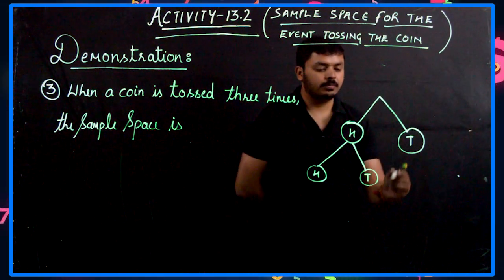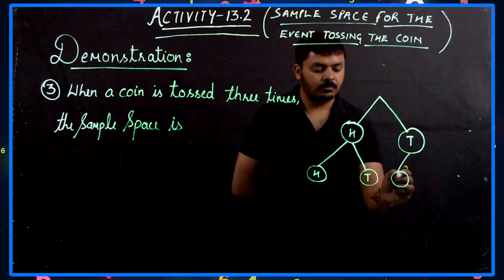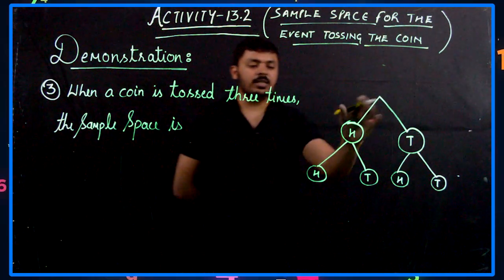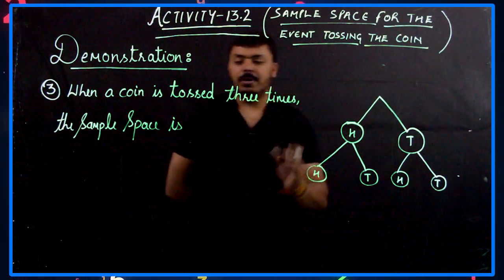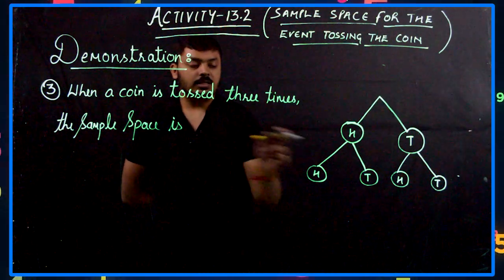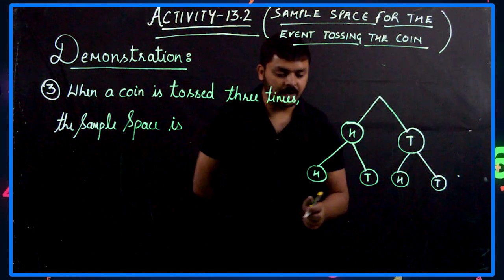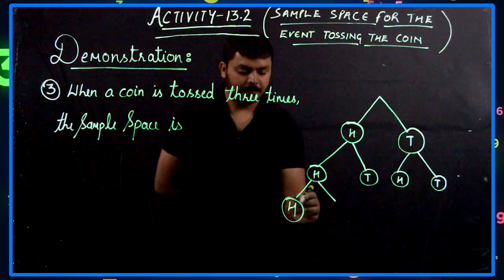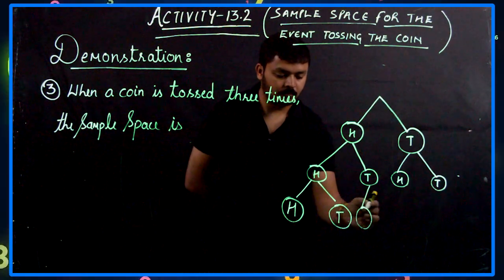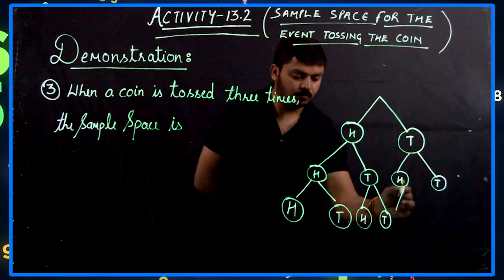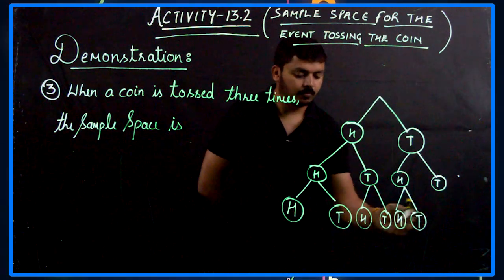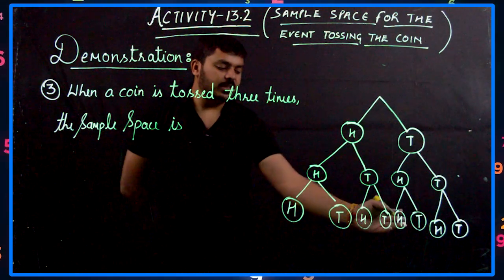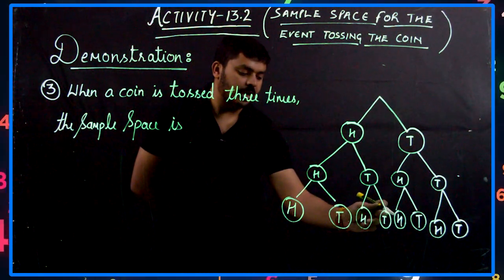This is the structure forming when a coin is tossed twice. Now in this case we need the tree structure for the coin tossing 3 times. So this is the tree structure for the 3-time tossing of the coin.